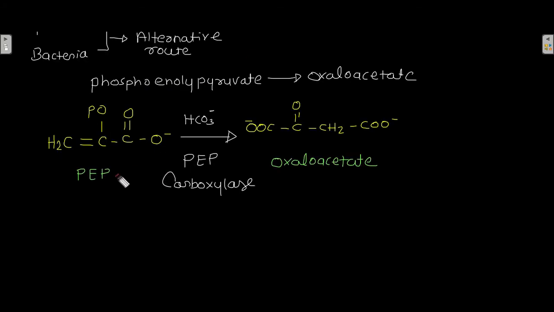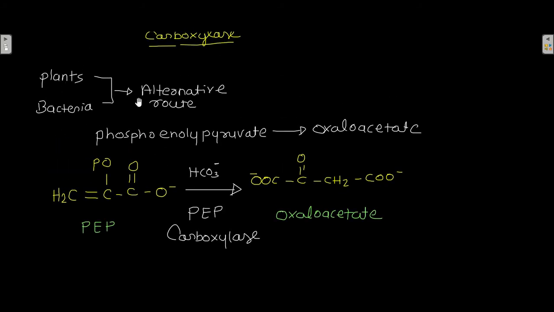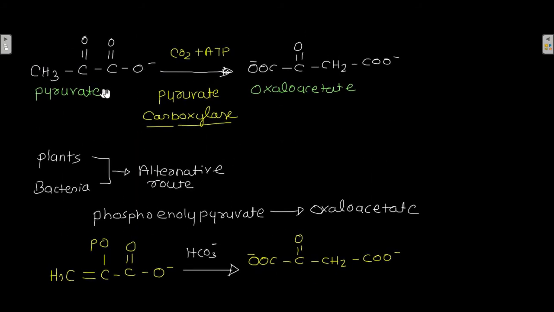So this is how it looks. Phosphoenolpyruvate is converted into oxaloacetate in the presence of PEP carboxylase, and HCO3- is utilized. This reaction takes place in plants and bacteria, while in animals, pyruvate is converted into oxaloacetate.